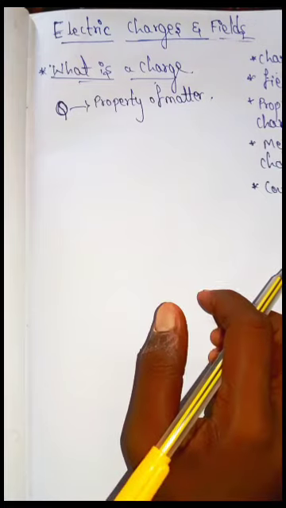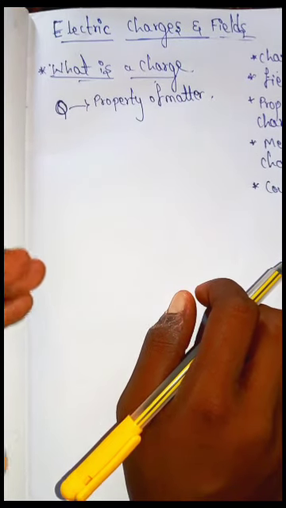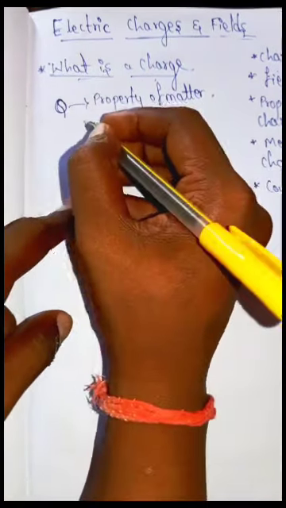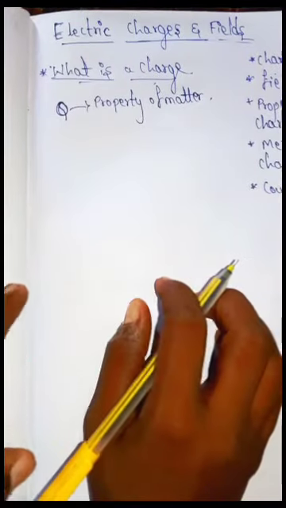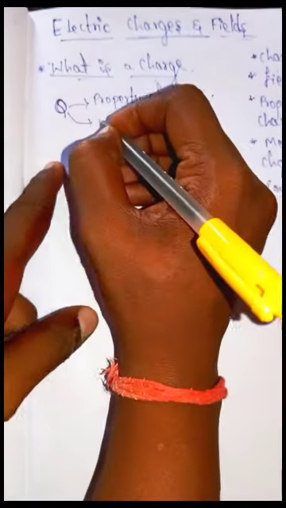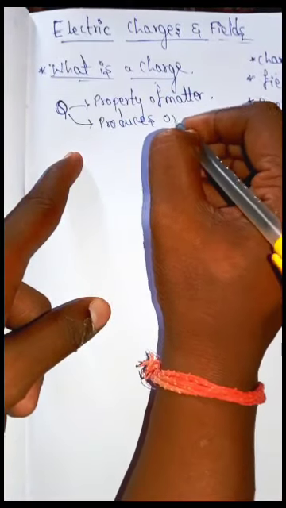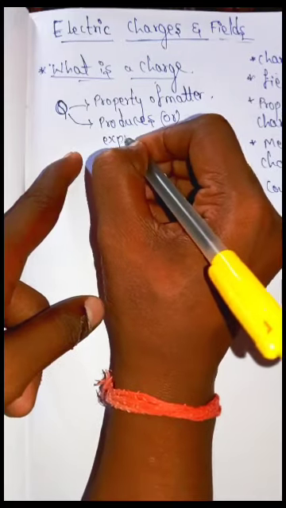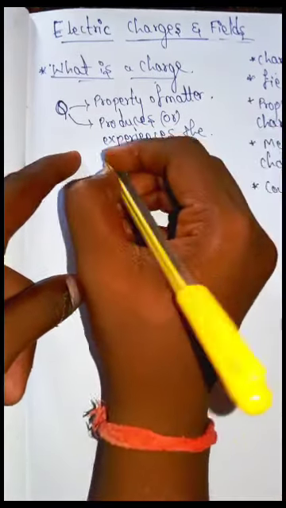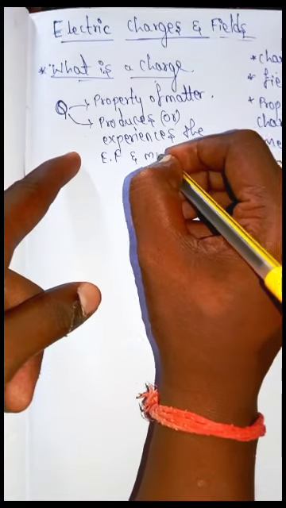It is a property of matter that produces, or we can say experiences, an electric field and a magnetic field.